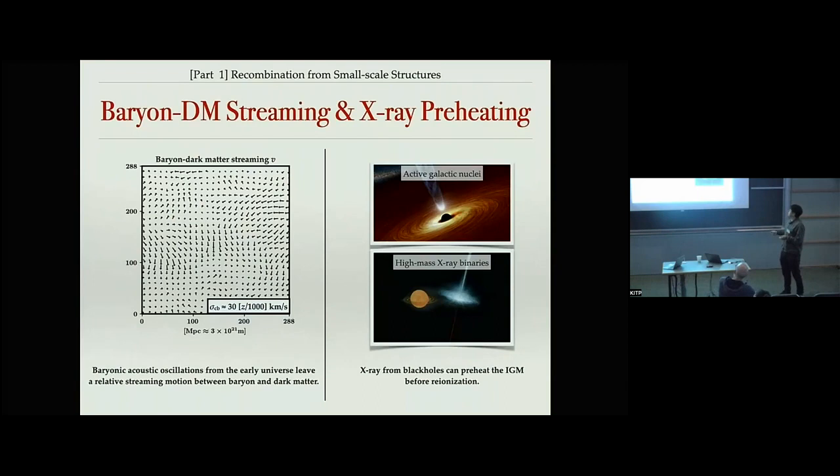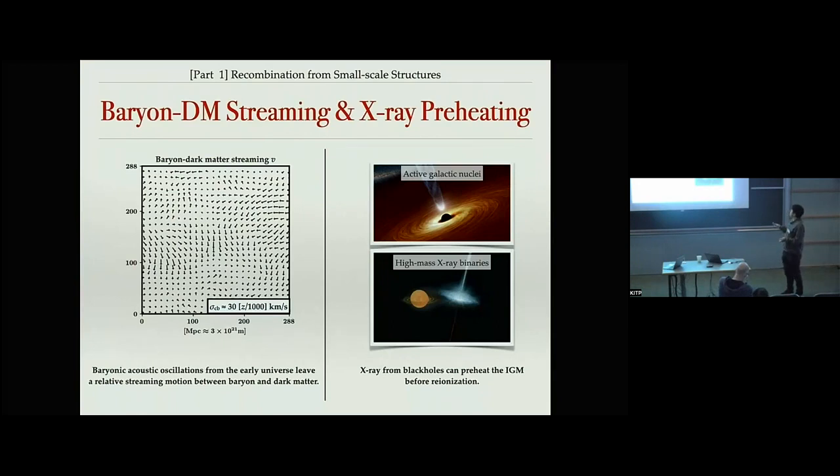At recombination they freeze out, and this is the relative velocity field between the 2 components, and it's a decaying mode, so it decays with redshift. During reionization, it's 1 kilometer per second at most, which is not strong enough to affect any star-forming galaxies, but it may have a substantial impact on the small-scale structure I showed you. So I looked into that.